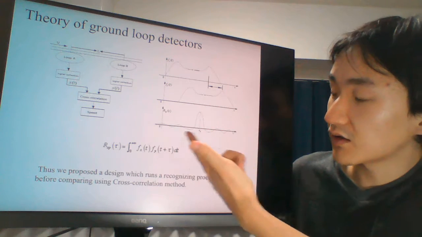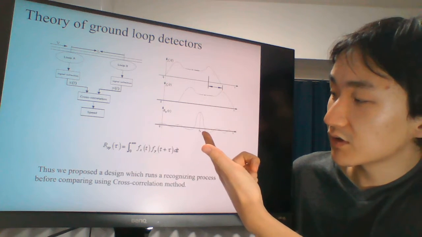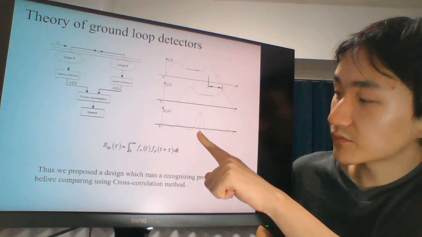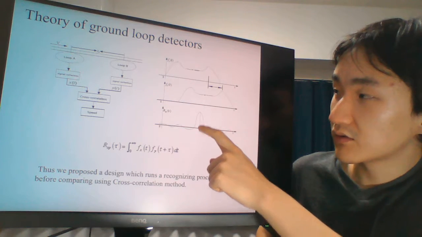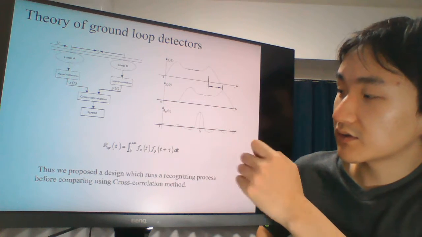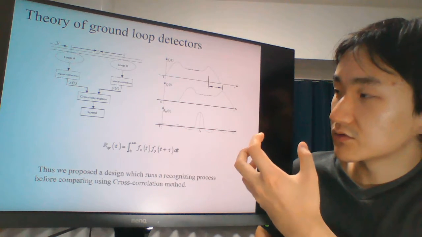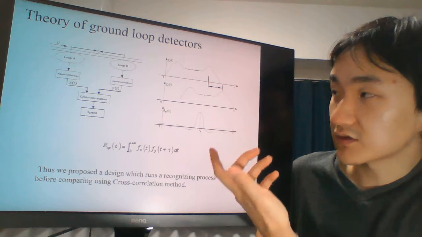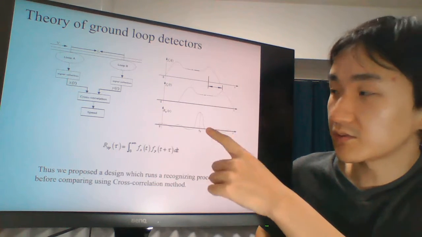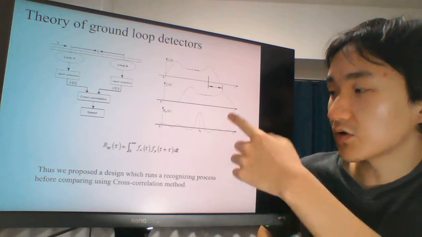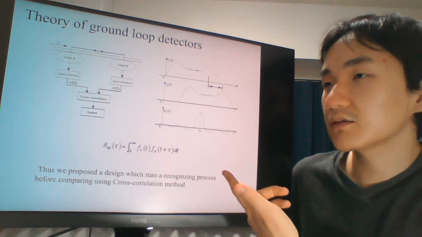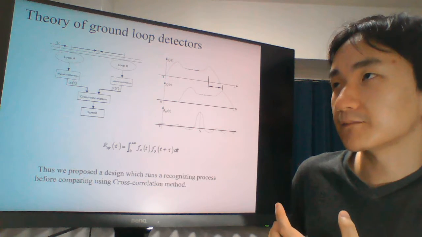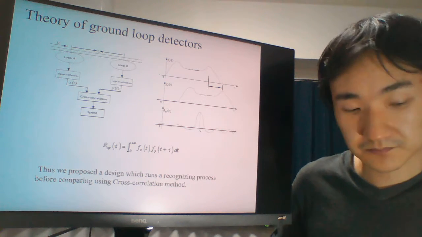And you can see in this graph, at this time point, the similarity of signal A and signal B reaches the maximum. So at this time, we can consider it as the processing time.